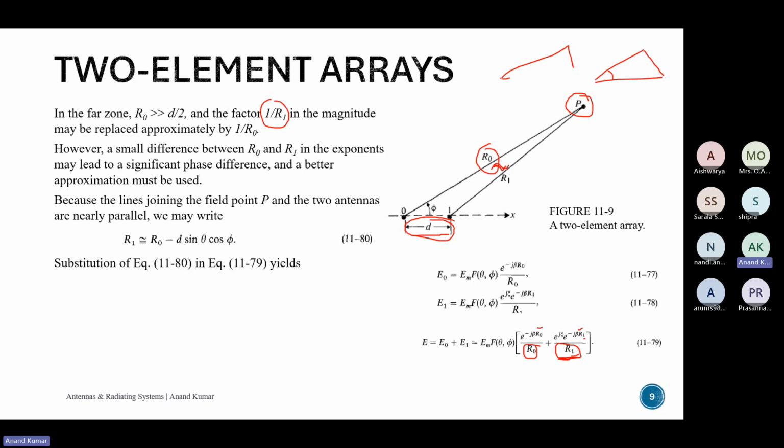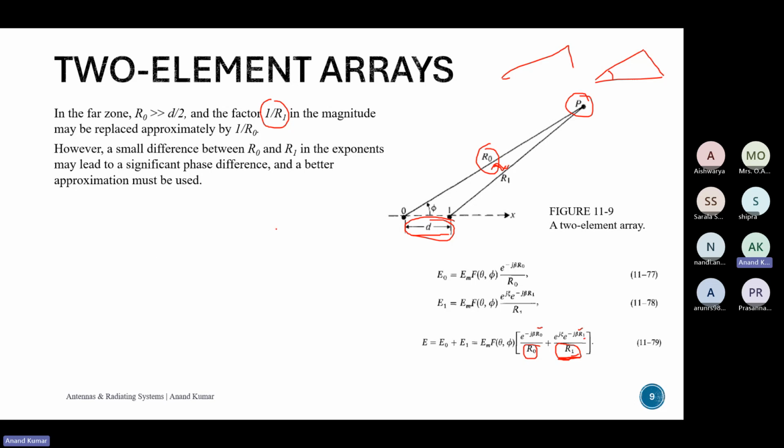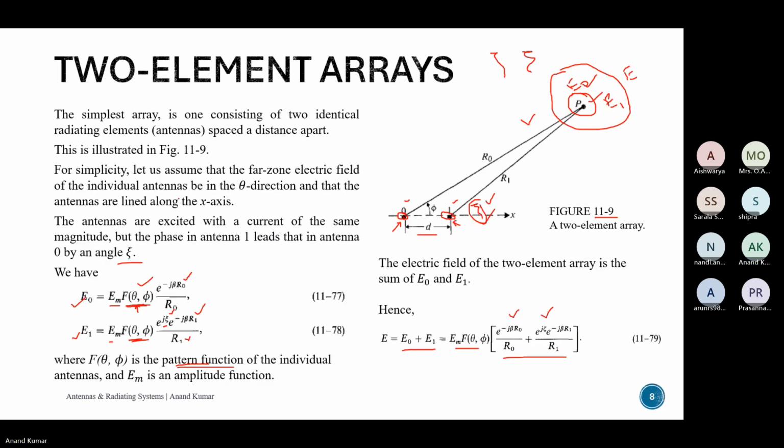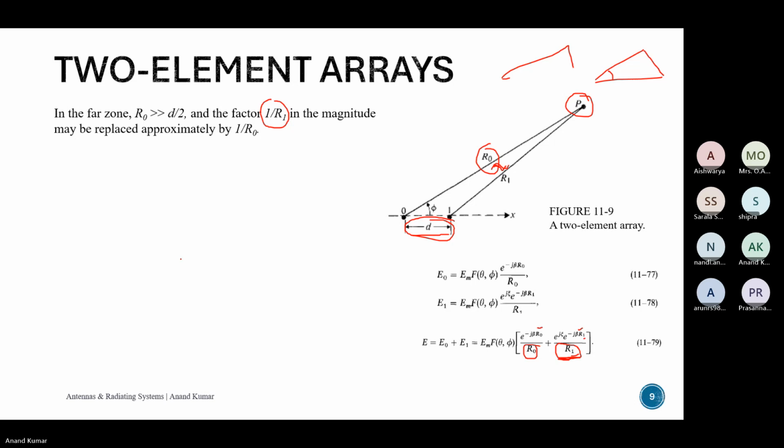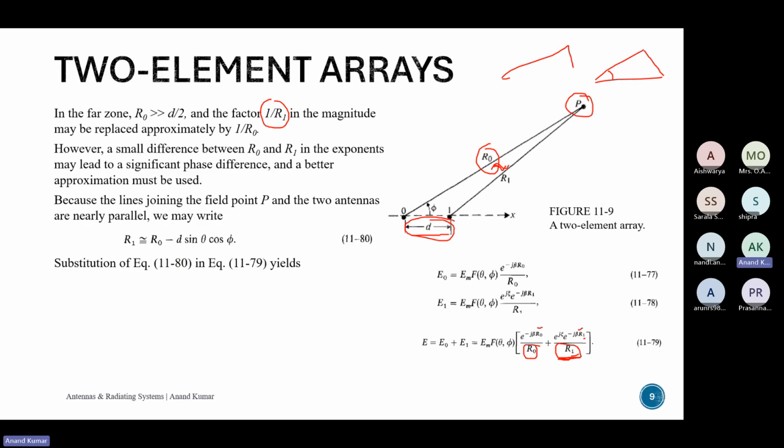Okay, where did the theta come from? The theta direction and the antennas are. I'm missing something. I'm not sure where we got the theta from.